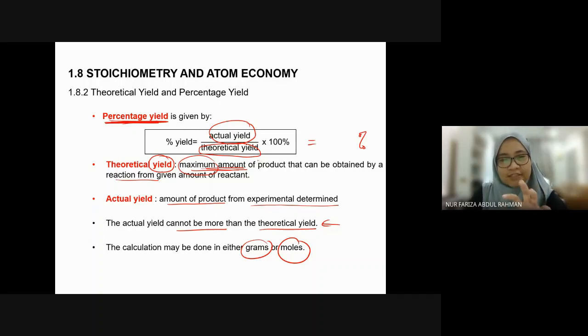From the calculation we can predict how much of the product can be formed. Theoretically, anything is possible, but actual is not always the same as theoretical. Theoretically it can be, but actual is not necessarily what we predict.